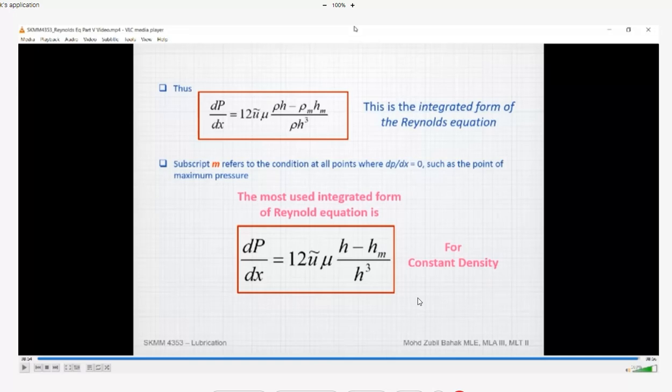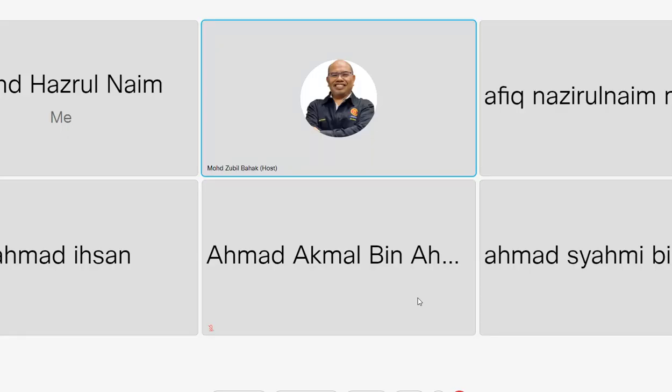So the confirmed day that we will meet will be on Wednesday, a face-to-face class, and we will start with the thrust bearing. We will use the Reynolds equation we just found today, and then we will apply it to the thrust bearing. So we need to go slow, one by one.